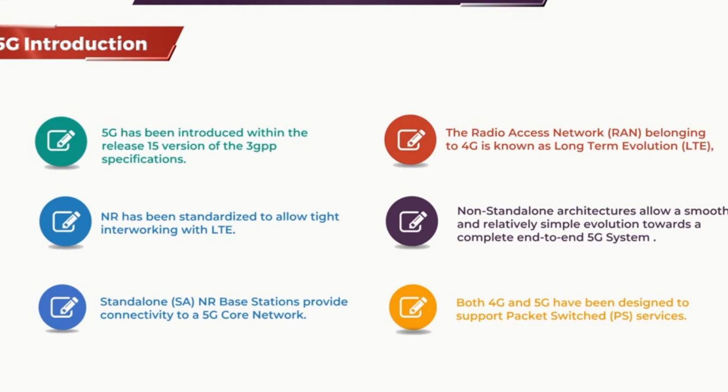Release 15 does not support SRVCC for 5G, but packet switched inter-system handovers from 5G to 4G are possible. SRVCC from 5G to 3G is specified within the Release 16 version of the 3GPP specifications.